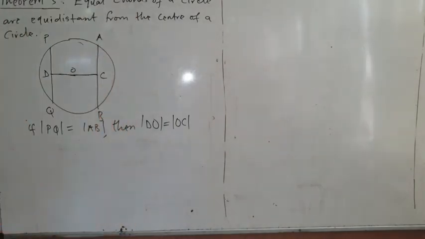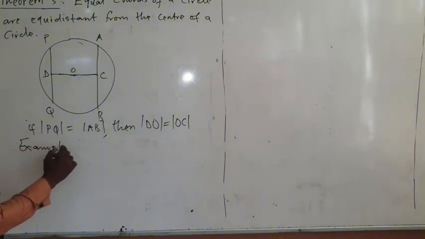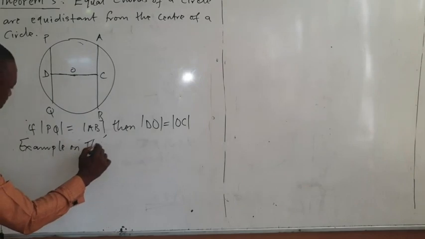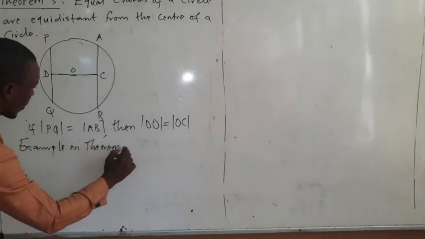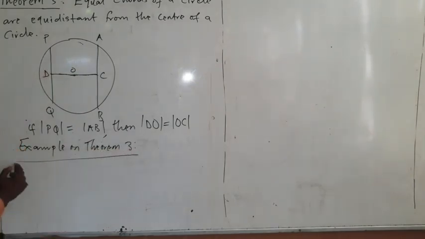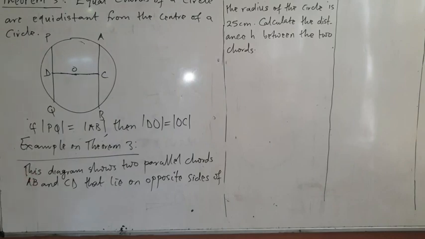So let's now go to an example on theorem 3. Don't forget theorem 3 says equal chords of a circle are equidistant from the center of a circle.